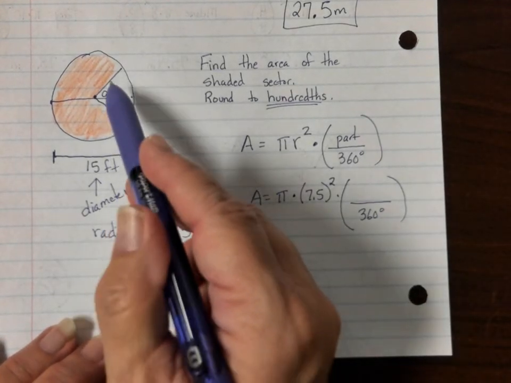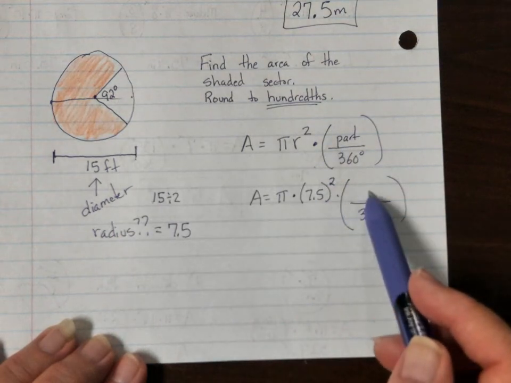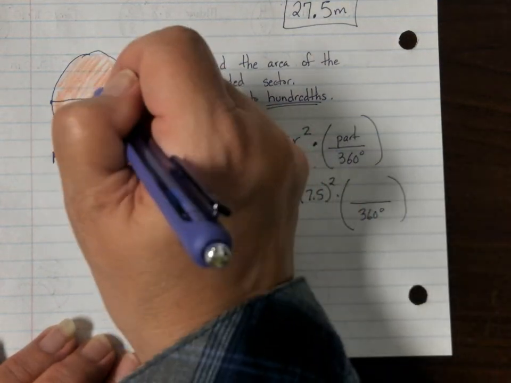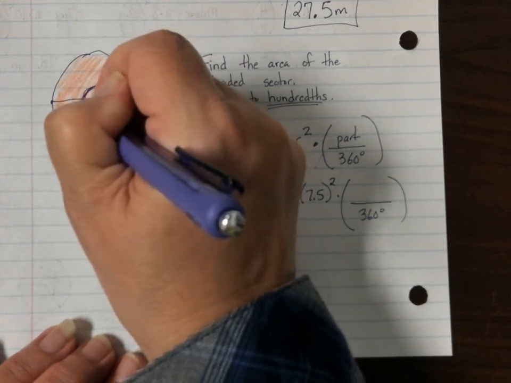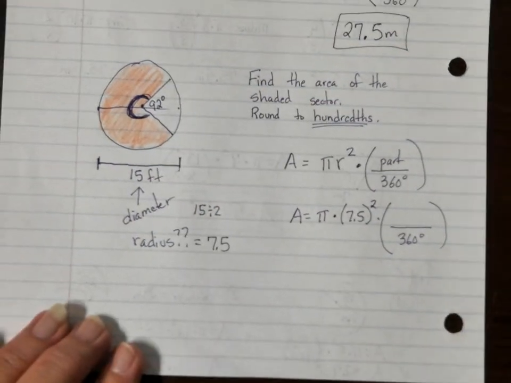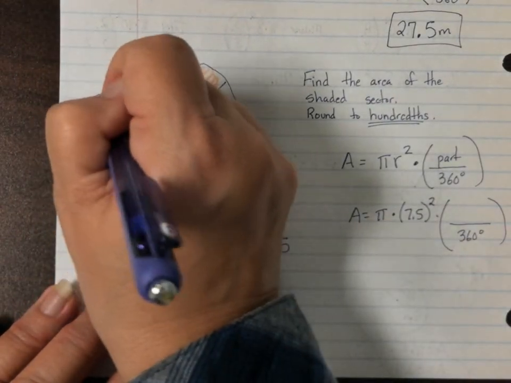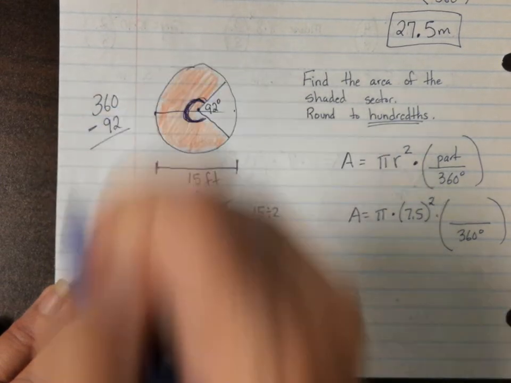Okay, but look at where my shading is. My shading's over here. So do I want to put the number 92 in this spot? No. I need to know this angle. Yes. So I have to do a little more side work, right? I got to do 360 minus 92.